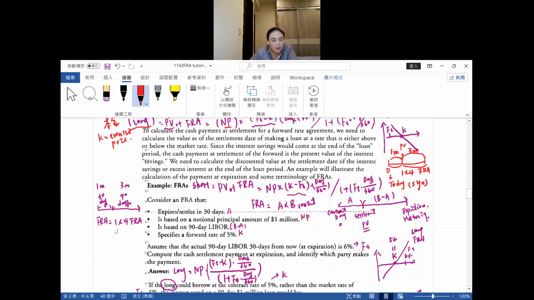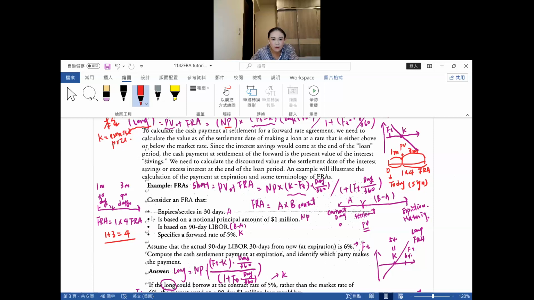If this FRA is 1 times 4, that means signing today, it will expire in 1 month, which is 30 days. And then after 30 days, we are taking a 90 days FRA quotation. So basically, 4 is the total length of your trading. 4 equals 1 plus 3.